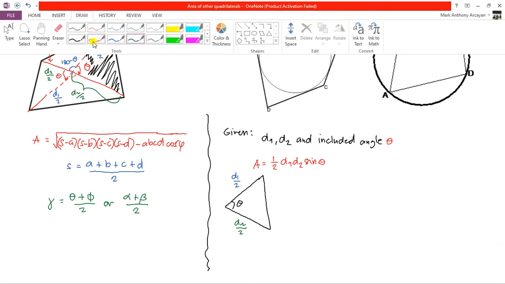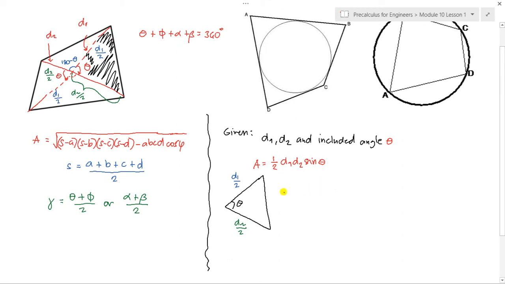So the area here is equal to 1/2 AB, that is d1 over 2 times d2 over 2 times the sine of the included angle, sine theta. Simplifying further, we have d1 times d2 all over 8 then sine theta.